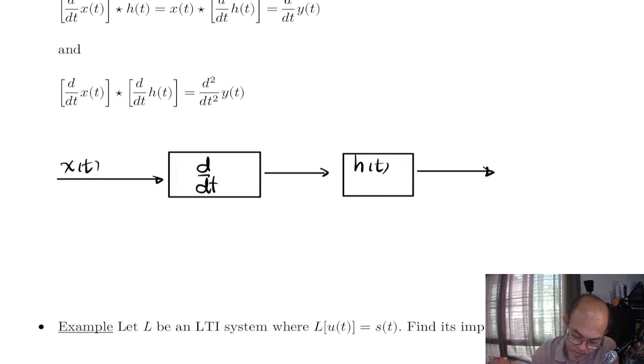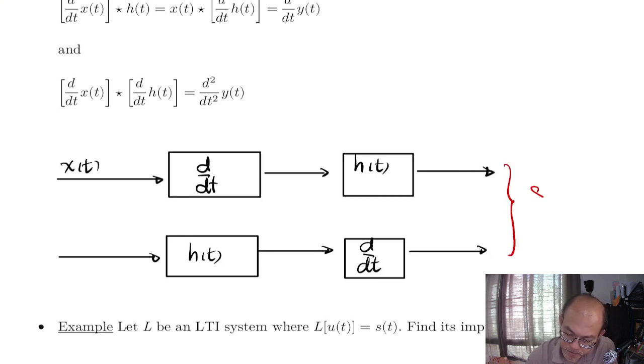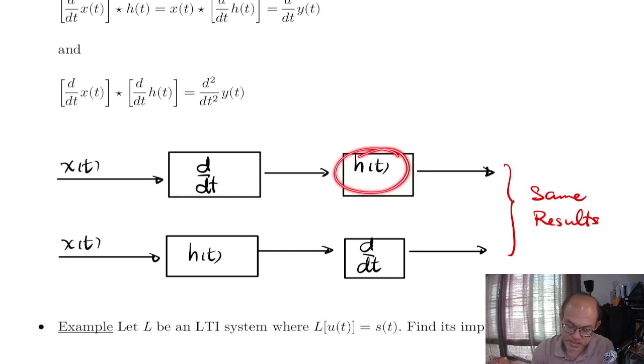On the other hand, if we put the input into the system and we differentiate it with respect to time, and we record the result again, then these two results will be the same. So again, we can switch the order of the LTI system and the derivative with respect to time without changing the outcome.